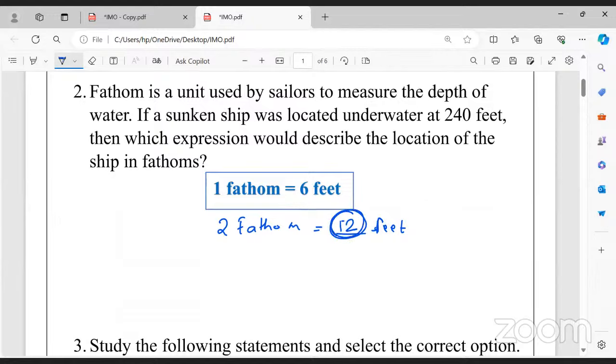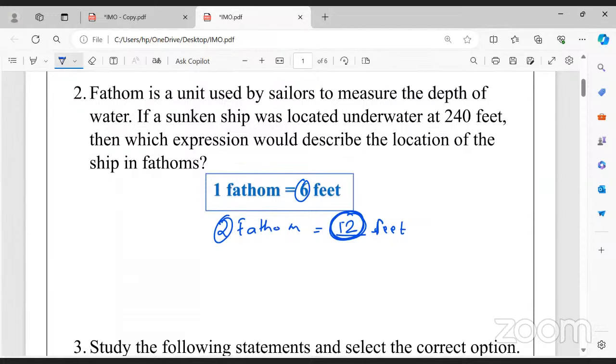Now, how are you getting this 12 actually? You are multiplying 6 into 2, which is equal to 12. So now the question changed to dash fathom and 240 feet. So what should I do here? This is missing, right?